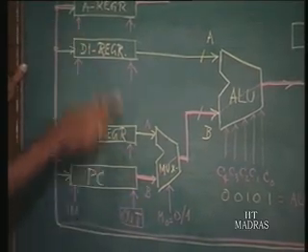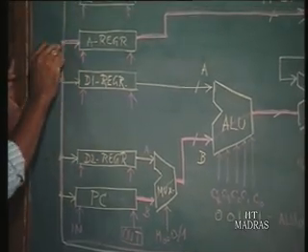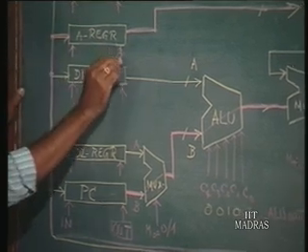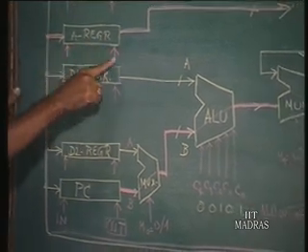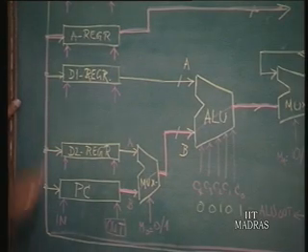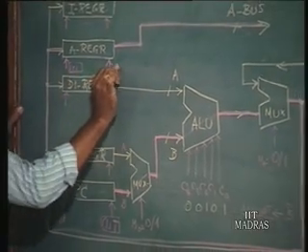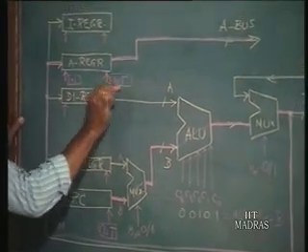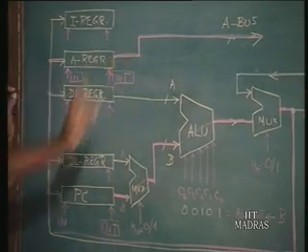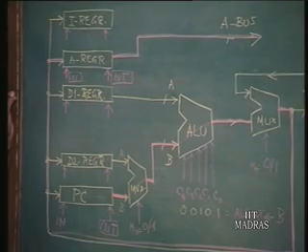Similarly during T1, the input of the A register must be enabled. Similarly, the output of the A register also must be enabled so that it will go on to this. So in other words, we need to enable the in and out of the A register so that the information can go through. Sometimes it may be done in 2 steps.